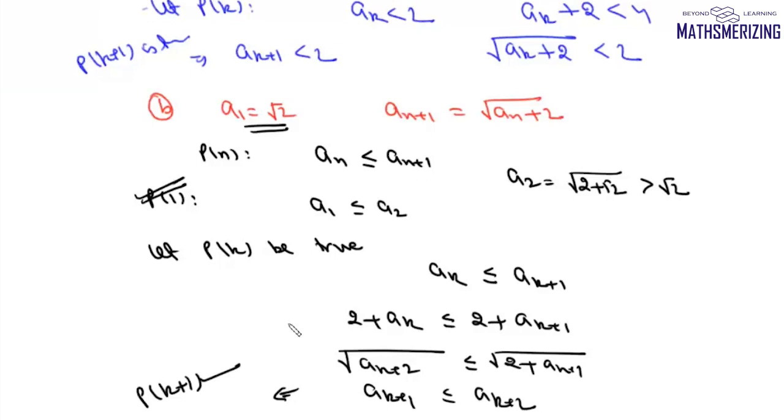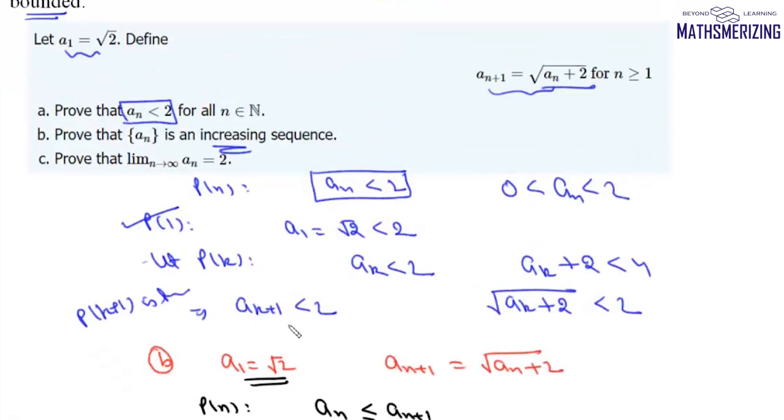So now we have this result that this sequence is bounded as well as monotonic. So from the monotone convergence theorem we can say that it is a convergent sequence. Now we need to find the limit of this sequence.